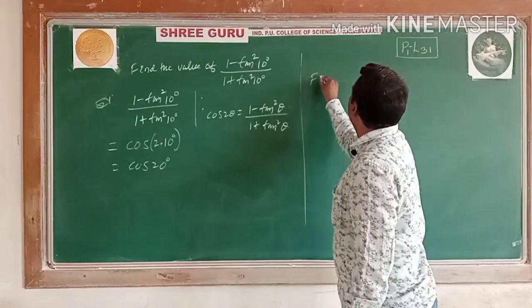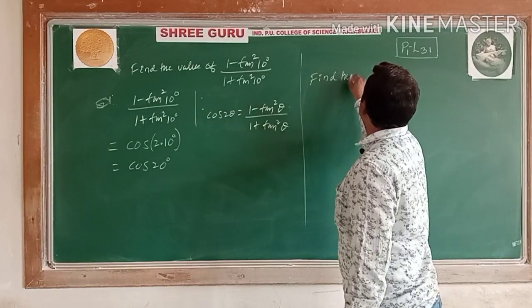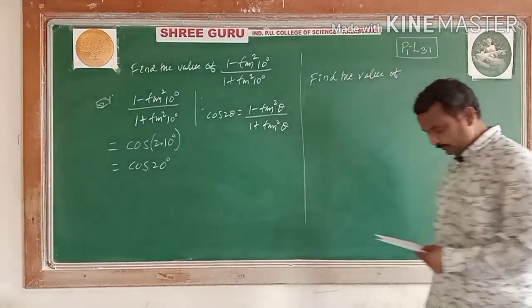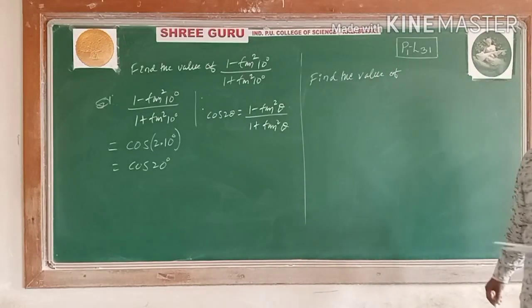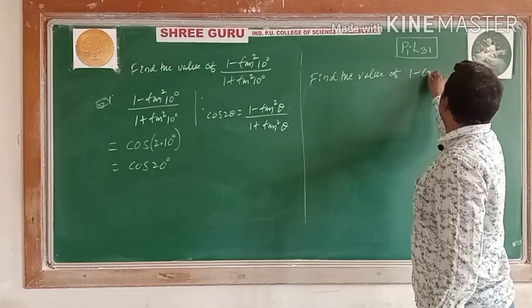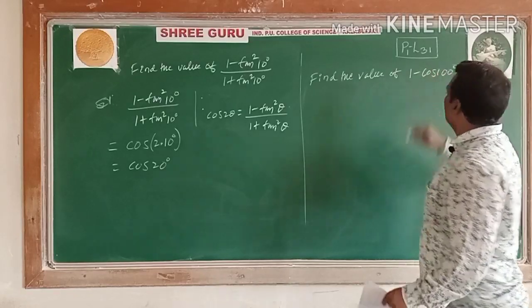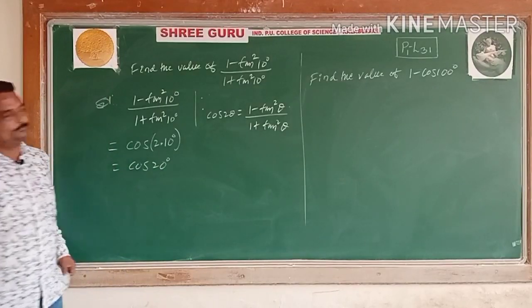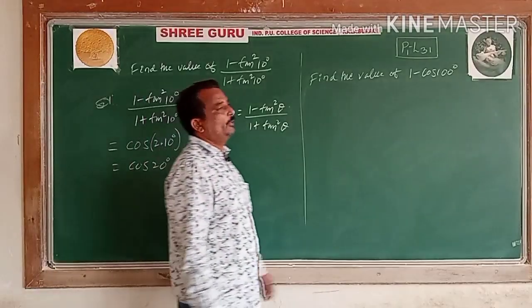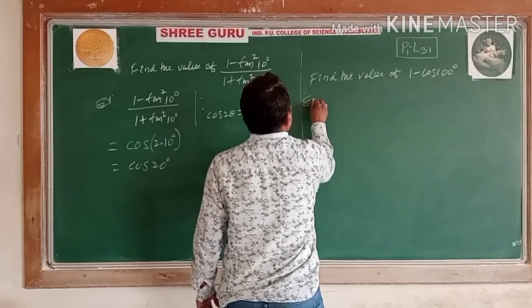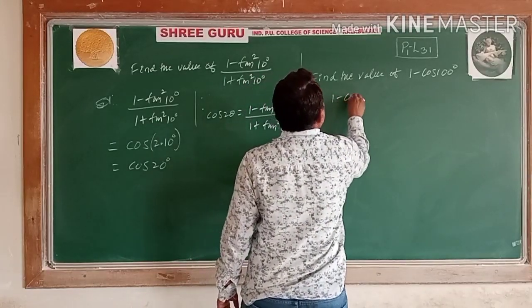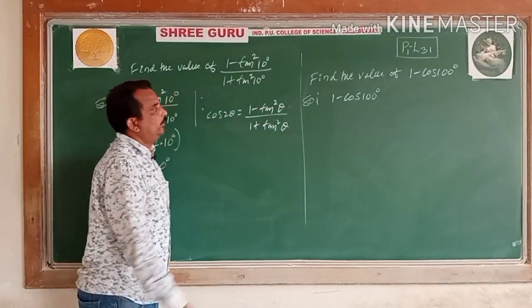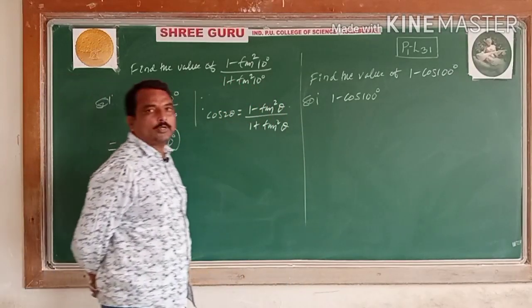Find the value of 1 minus cos 100 degree. Solution: 1 minus cos of 100 degree.